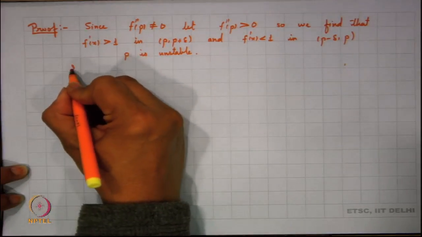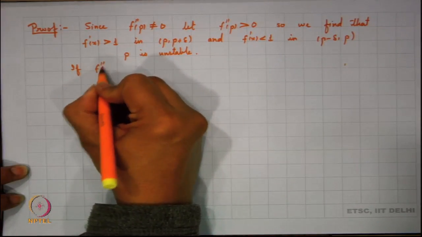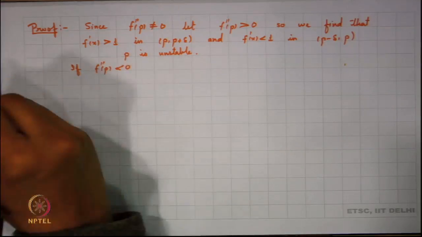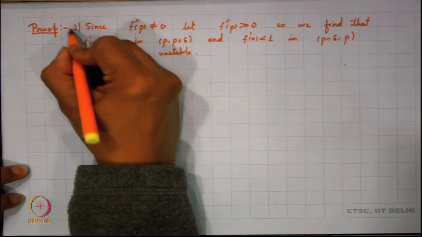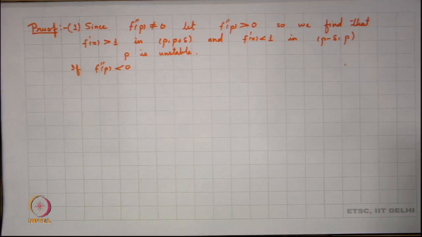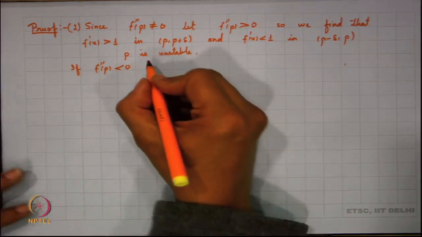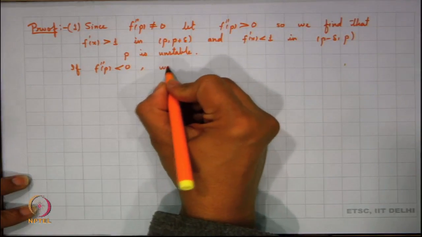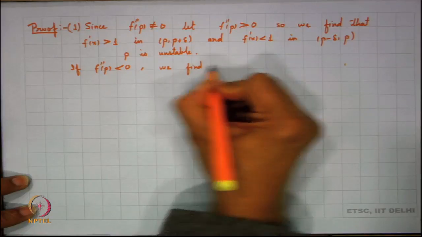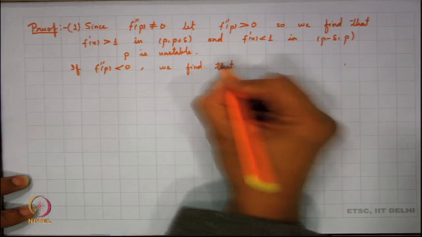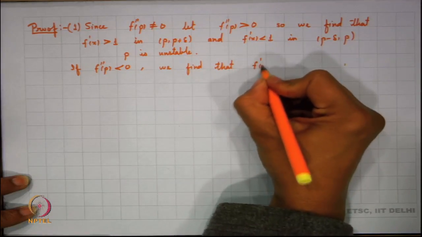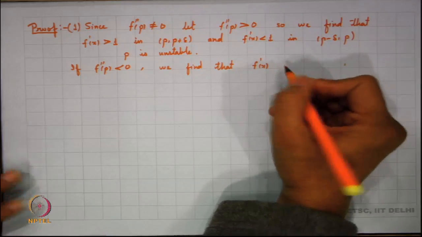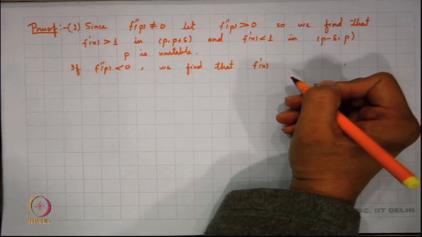So, my point p is unstable. If f double prime p is less than 0, so we are looking into basically the proof of the first part. So, if my f double prime p is less than 0, then it is a similar observation, we find that f prime is now decreasing, because f double prime is less than 0.